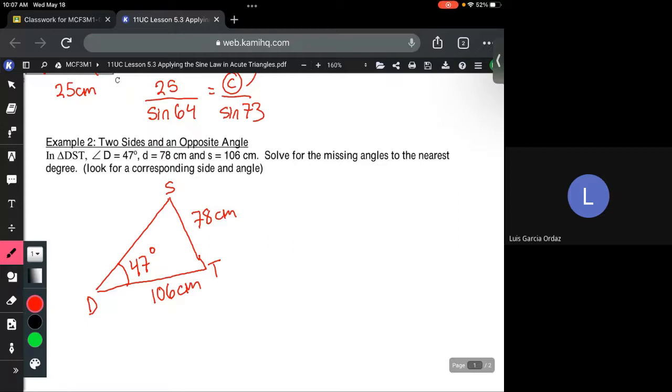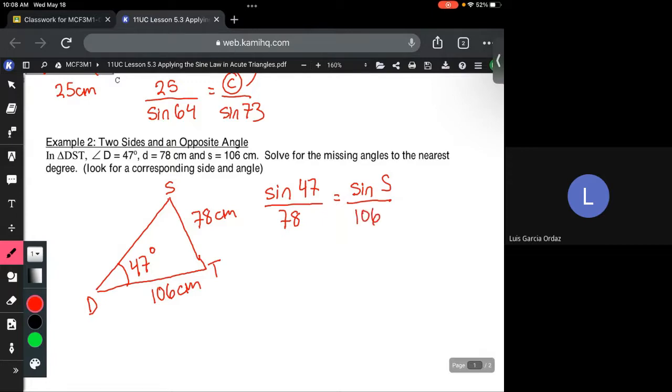So it's asking us to solve for the missing angles to the nearest degree. So what is the set that we have complete? Because we're finding the angle, my sine of whatever is going to go at the top. So I'm going to get sine D, which is sine of 47, divided by 78 is equal to sine S divided by 106.